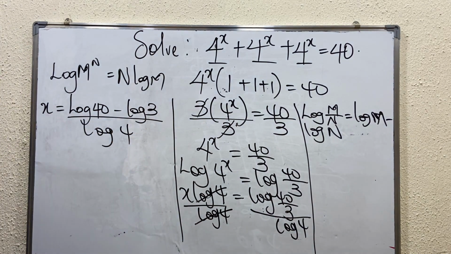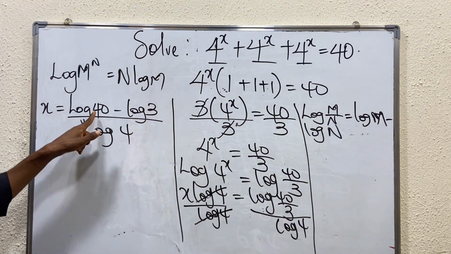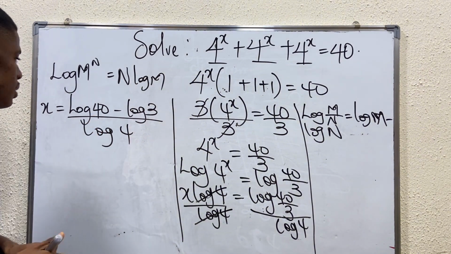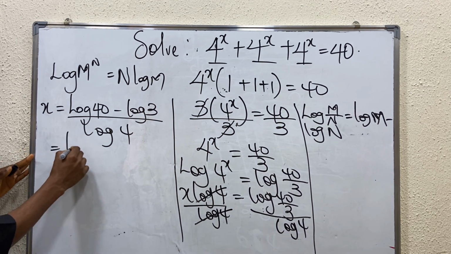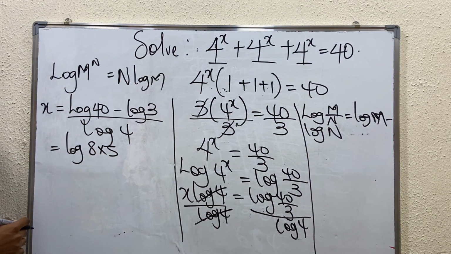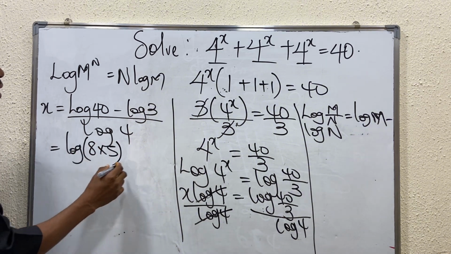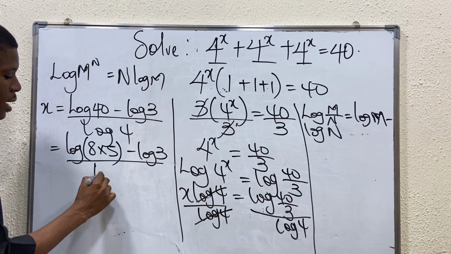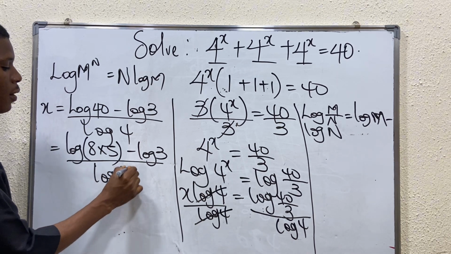Now you can see that we can write 40 as 8 times 5, right? So we have log of 8 times 5 minus log 3, divided by log 4.